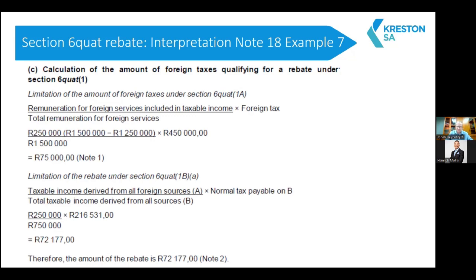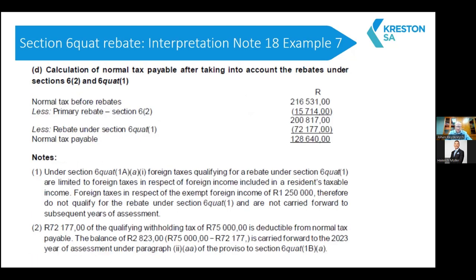So the 250 of the foreign, over the 750, times the 216,531, which is my final tax there. Then on that 250,000, my South African tax is 72,177. I've worked out that I've actually paid foreign taxes of 75,000 rand, so my rebate is limited to 72,177.